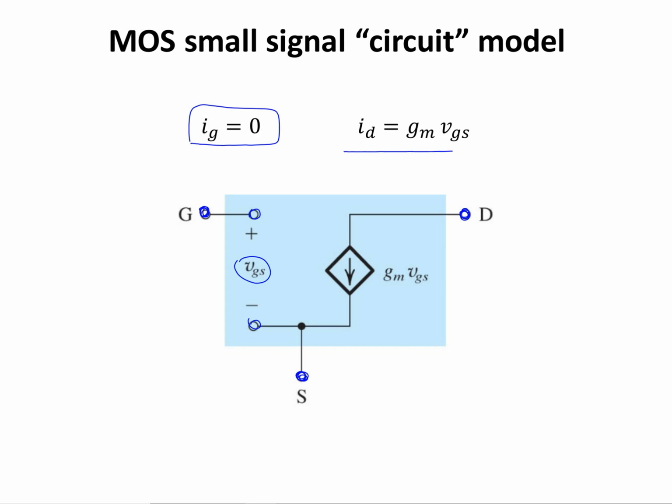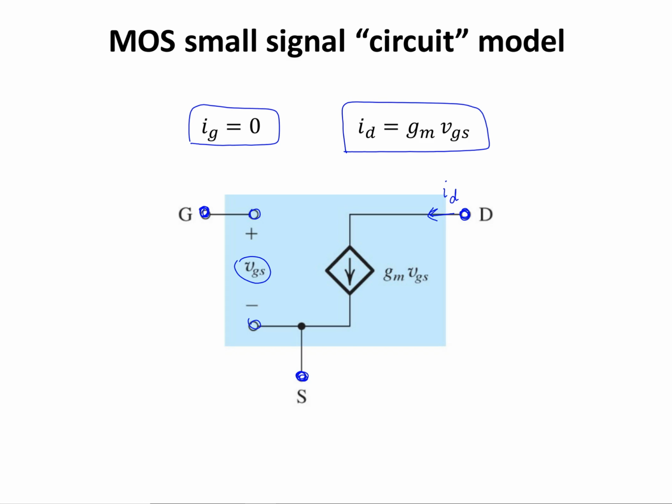Also, I already found that id and vgs are related by a term called gm. So id is gm times vgs. id is the current that flows from drain to source. So I'm going to place a voltage dependent current source between the drain and source, and that is how I relate id to vgs. So the small signal circuit model for the MOSFET consists of a voltage dependent current source between drain and source.